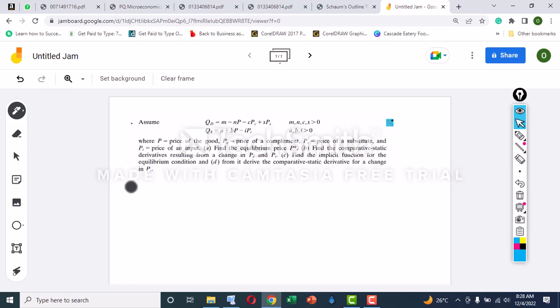So we are simply having m minus np minus c pc plus s ps, and s is equal to qs, which is a plus bp minus i pi.